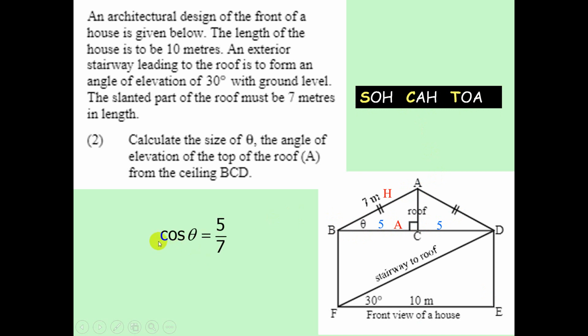So we can conclude that cos theta in this triangle, it's a right angle triangle, is equal to 5 over 7. We want to find theta. If we're finding an angle, we use shift cos 5 over 7. And typing that on the calculator, shift cos 5 over 7, we get 44.4 degrees, which is our angle of elevation sitting right here, known as theta.